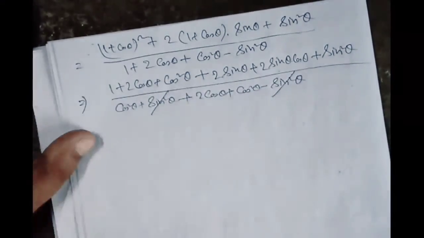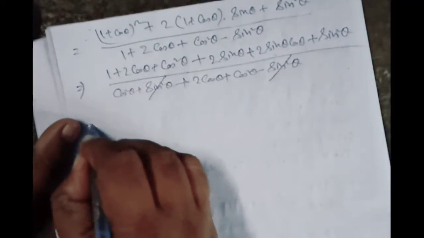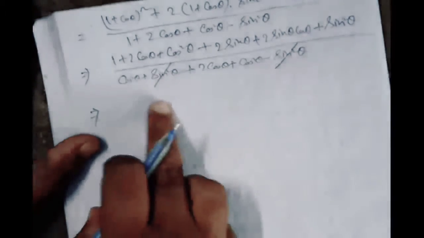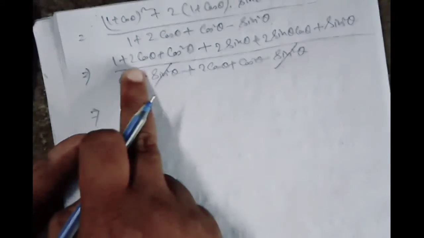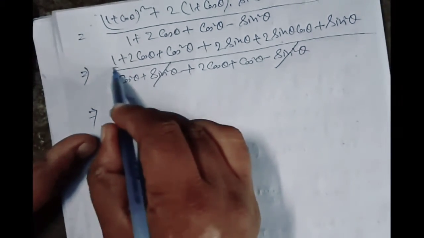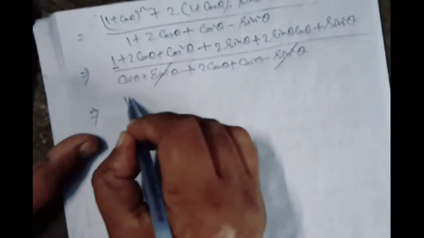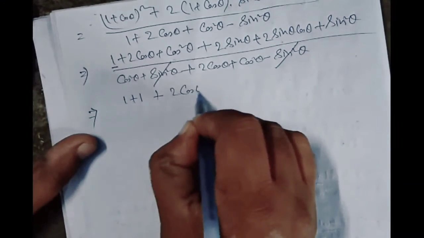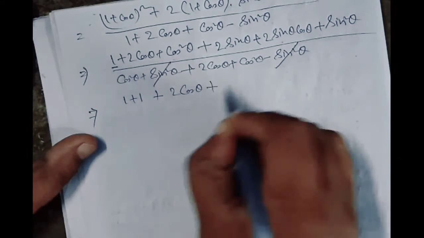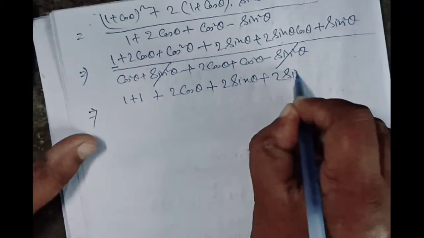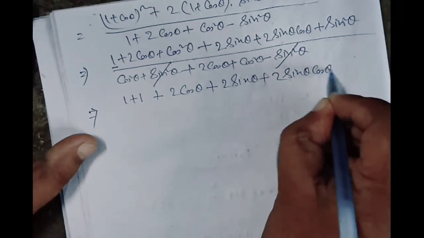This can be cancelled out. Now again from the above we are getting 1, and cos square theta plus sin square theta is 1, so 1 plus 1 plus 2 cos theta plus 2 sin theta plus 2 sin theta cos theta.